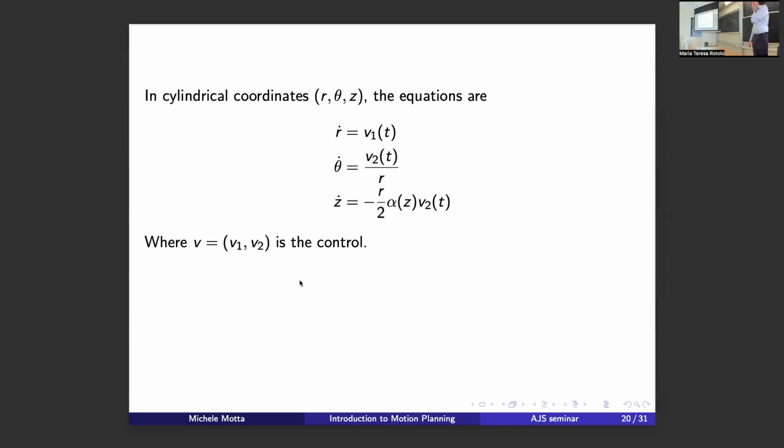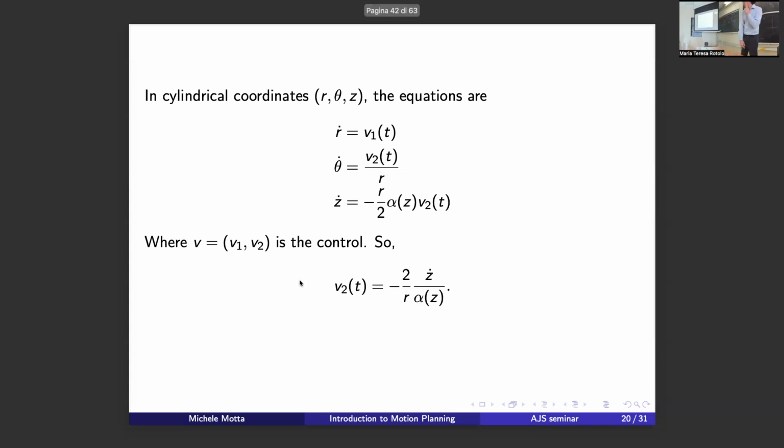So if we take the previous system and we write it explicitly using, this time, polar coordinates, the system can be written like this. So you see it's a very simple system. In particular, you see that you can move radially using one control, and then if you want to go up and down, you have to use the other control, and you have to rotate simultaneously.